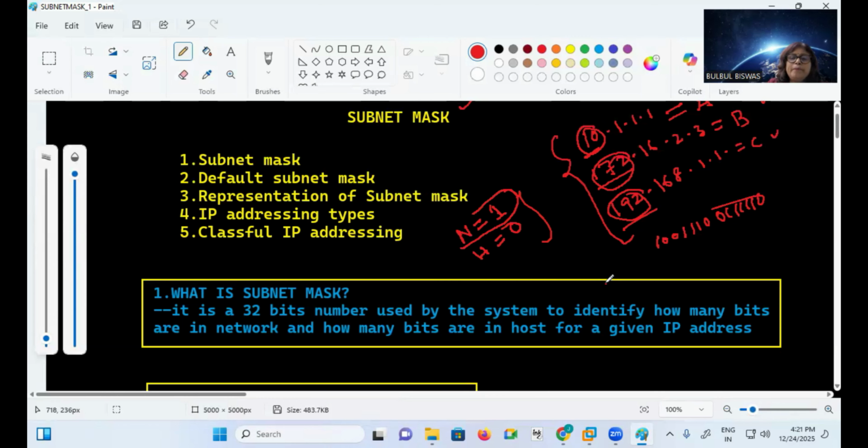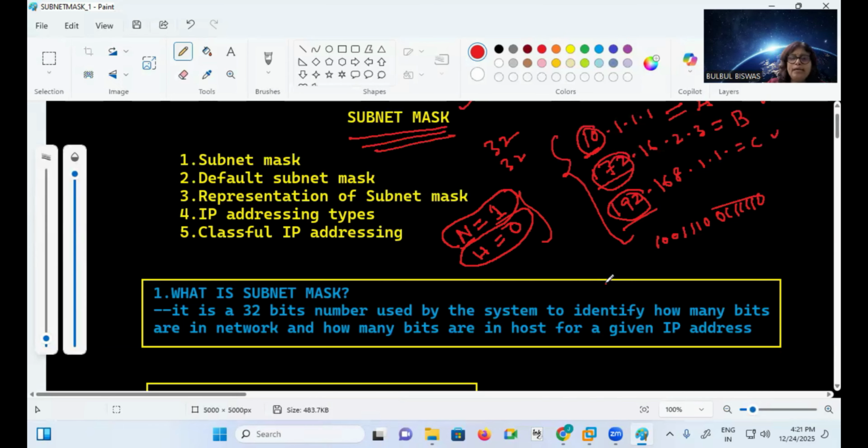All the network bits are replaced with 1, and all the host bits are put as 0. So if IP is 32 bit, of course if I put all network octets as 1 and all host octets as 0, it will also be 32 bits. And this is called the subnet mask.